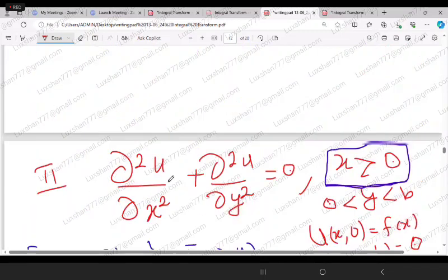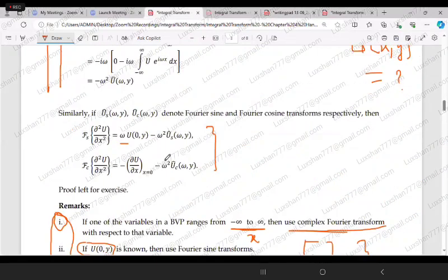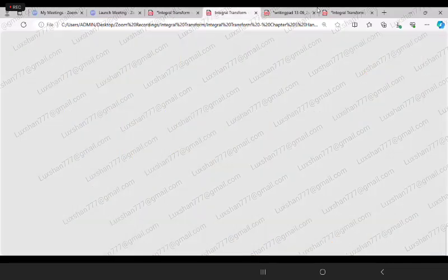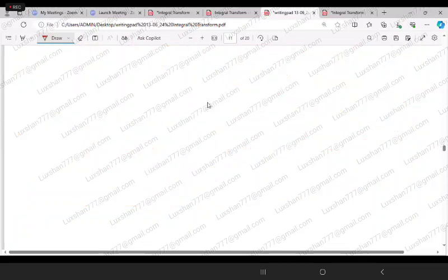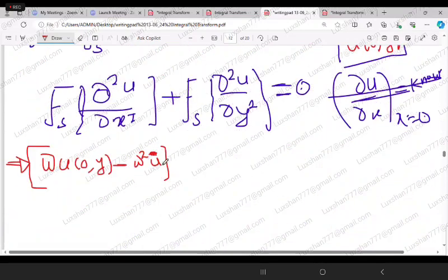Look at here. ω u(0, y) minus ω² u bar s(ω, y). So that is what I am writing here. Sorry, here it should be s.